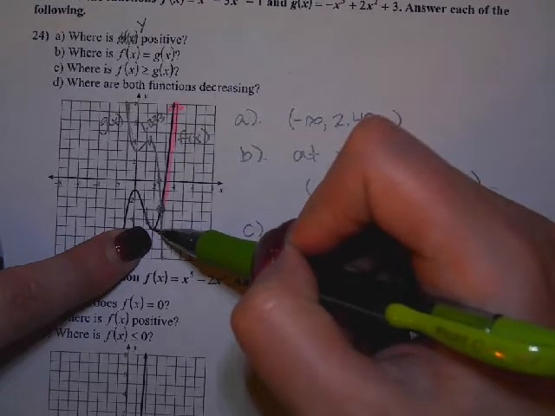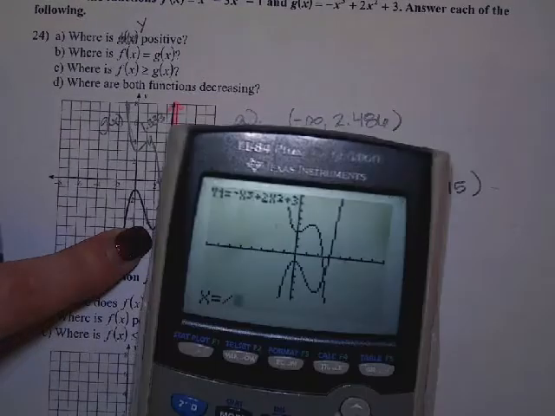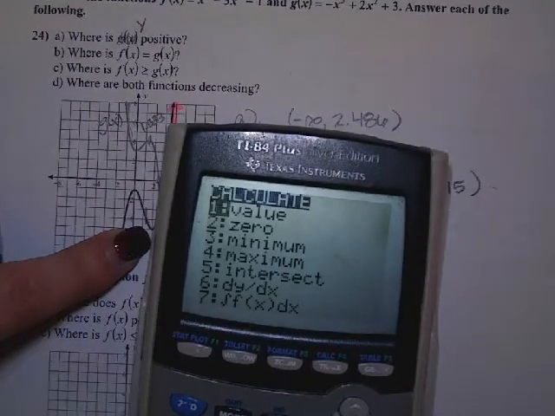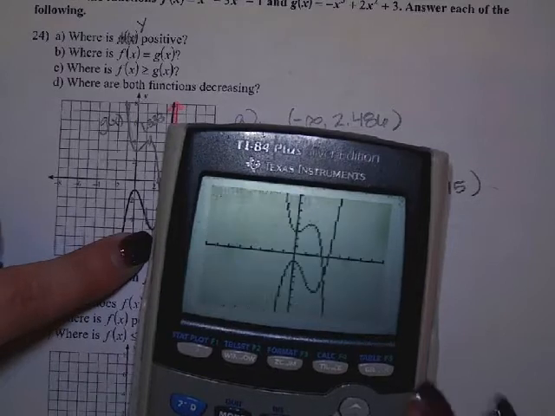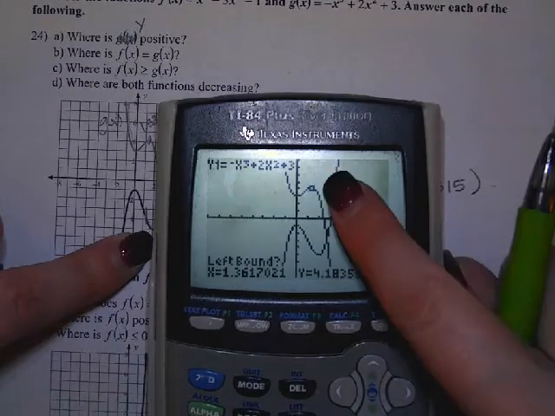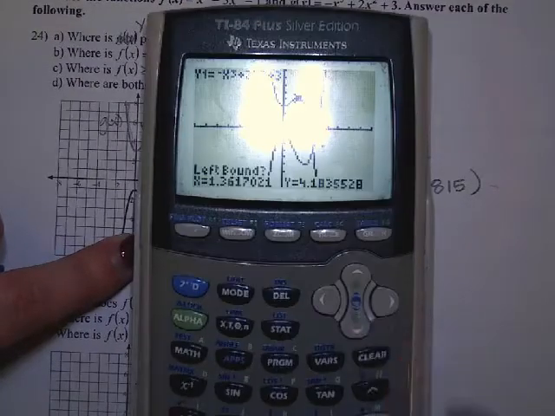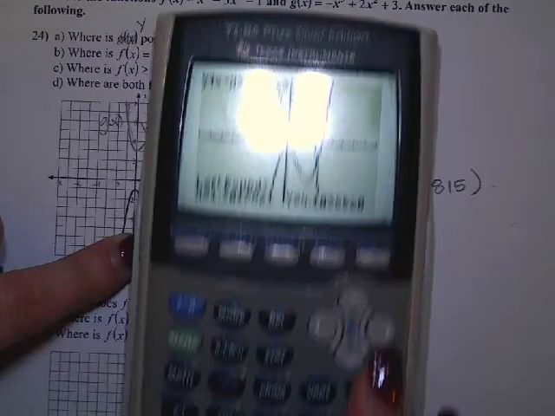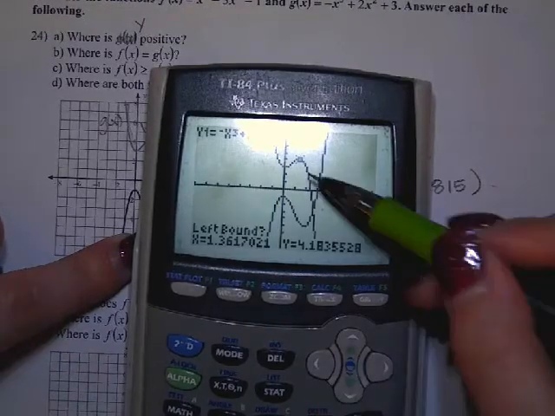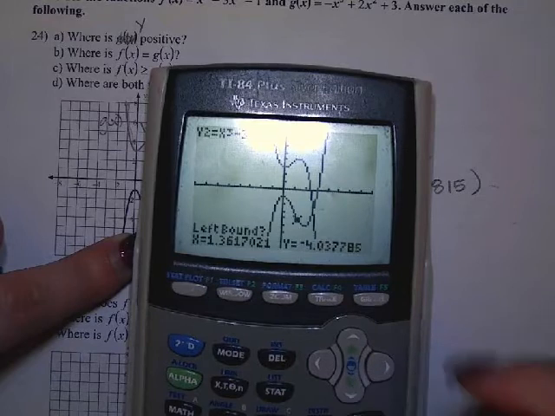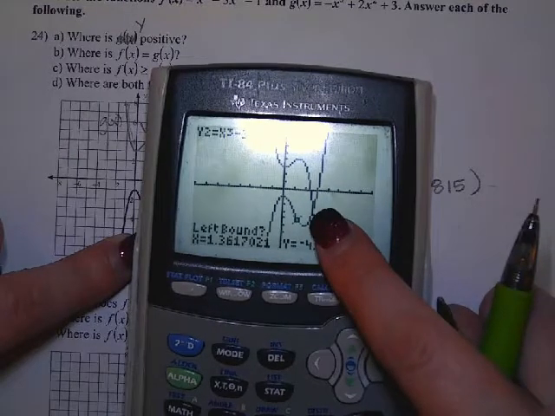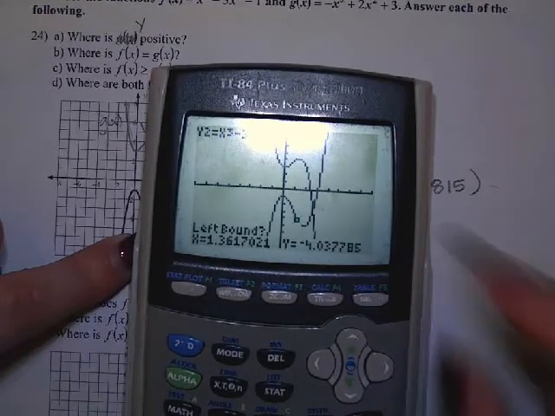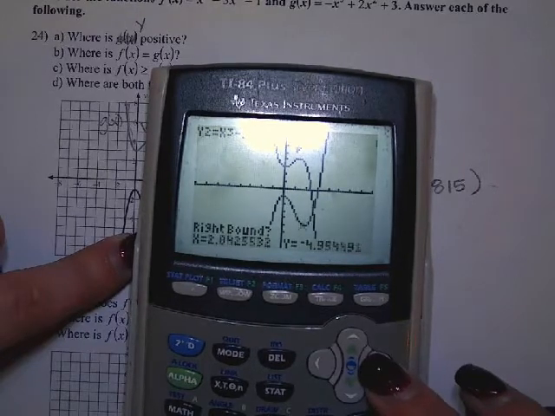We still focused? Okay. So what I'm going to do now is second trace number 3 because that's a minimum. My cursor is on g of x. I need to hit the down arrow to make it jump to the other curve. So see how the cursor is right here? If I hit the down arrow, it hopped over to the other curve, and now I can find the minimum of the other curve. So let's go ahead and do that. I'm looking for the minimum.